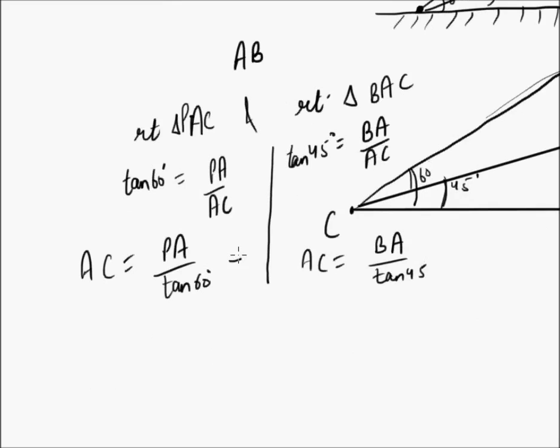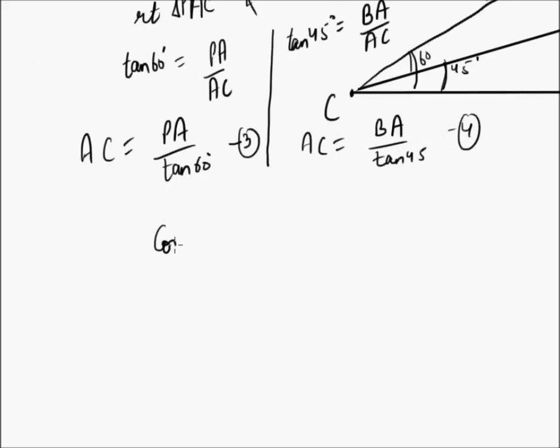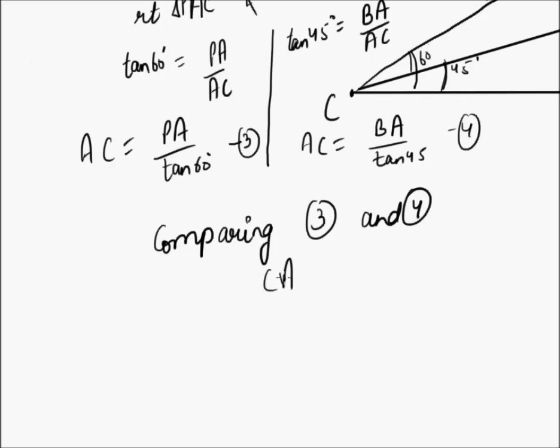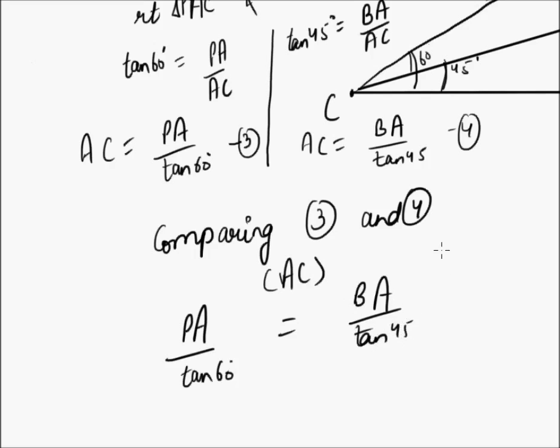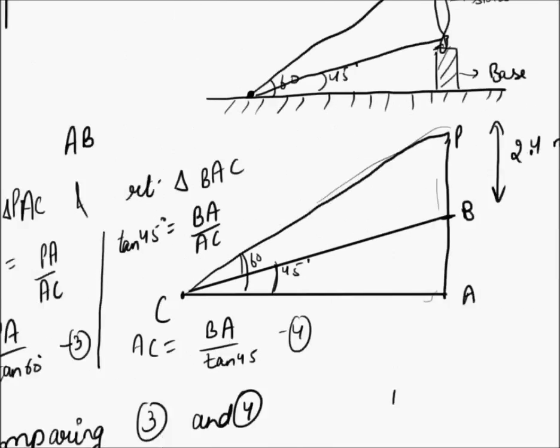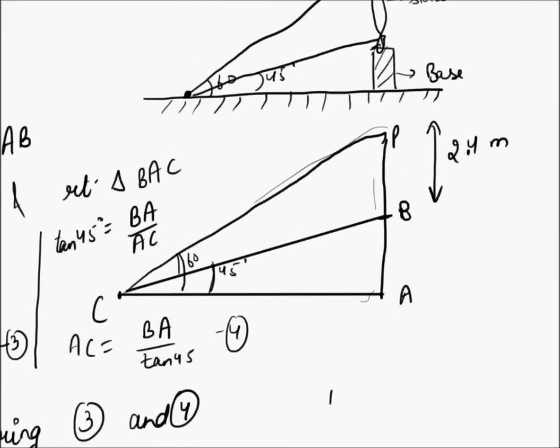Now from equation 3 and 4, comparing 3 and 4, AC's value, we have PA over tangent 60 degree equals BA over tangent 45 degree. Now friends, what is PA? PA is PB plus AB.